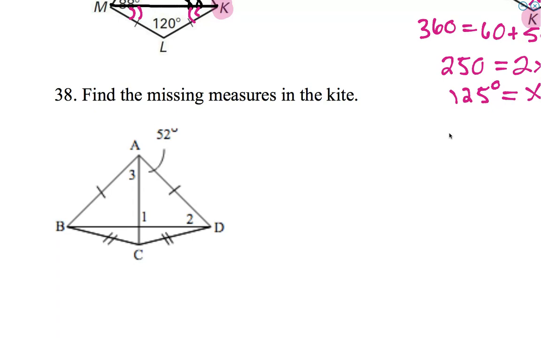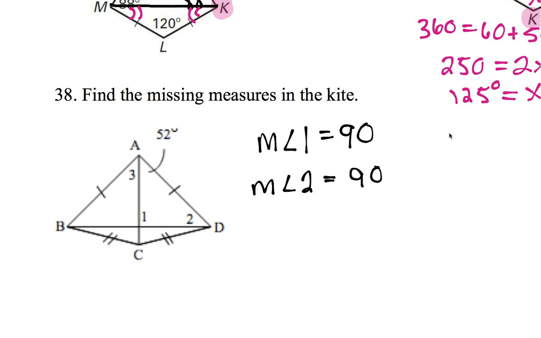And the last one. Find the missing measures in the kite. One is 90. That means the measure of angle 2 is going to be 90 minus 52. I'm sorry, 180 minus 90, which is 90 minus 52.